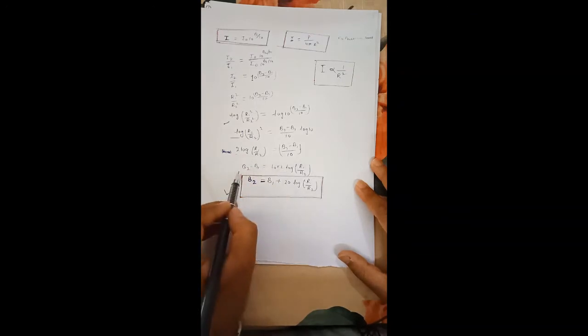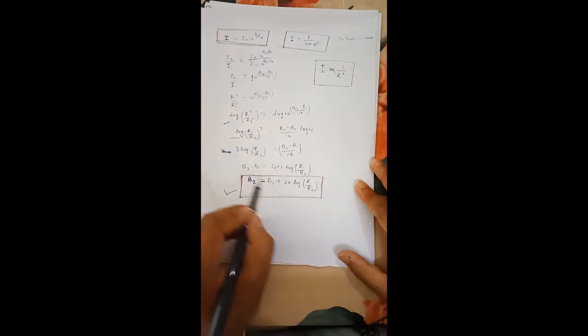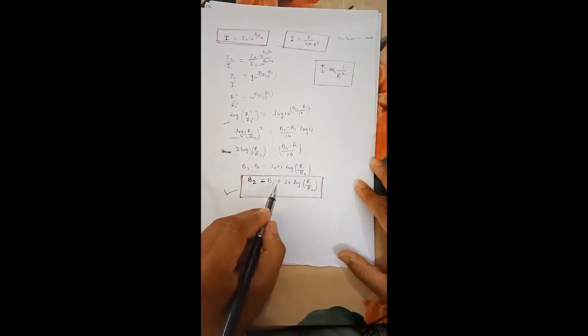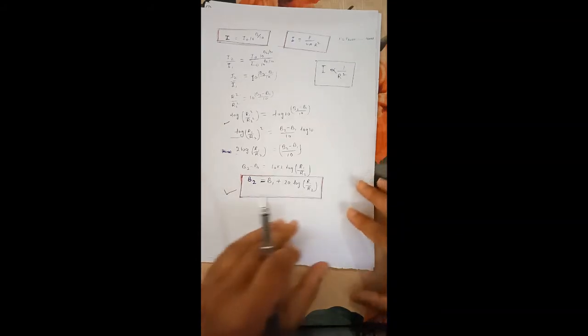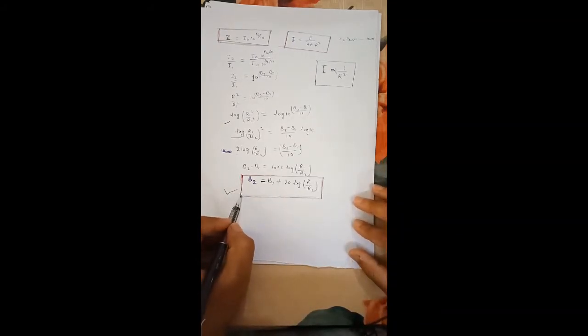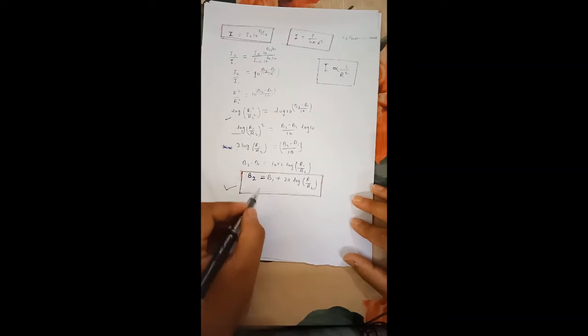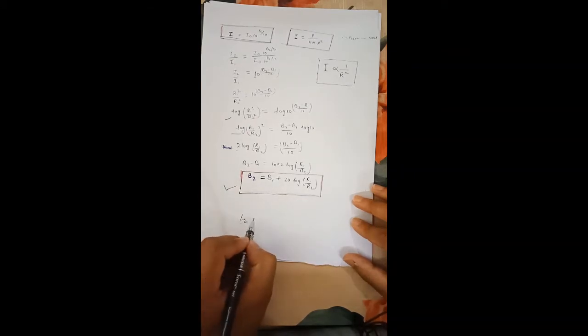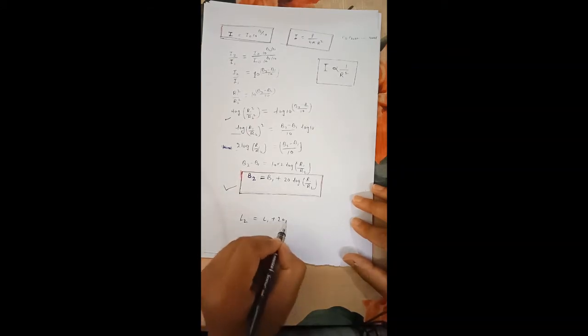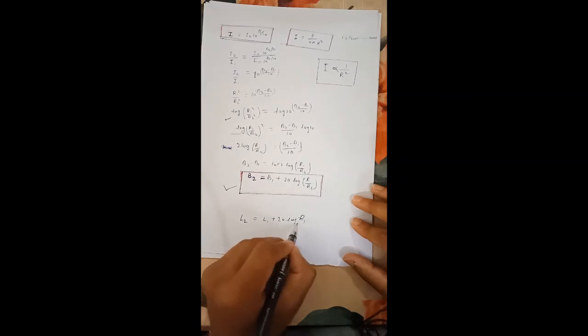Taking the log we find this value as B2 is equal to B1 plus 20 log R1 by R2. So this is also the important formula, and you can say L2 is equal to L1 plus 20 log R1 by R2.